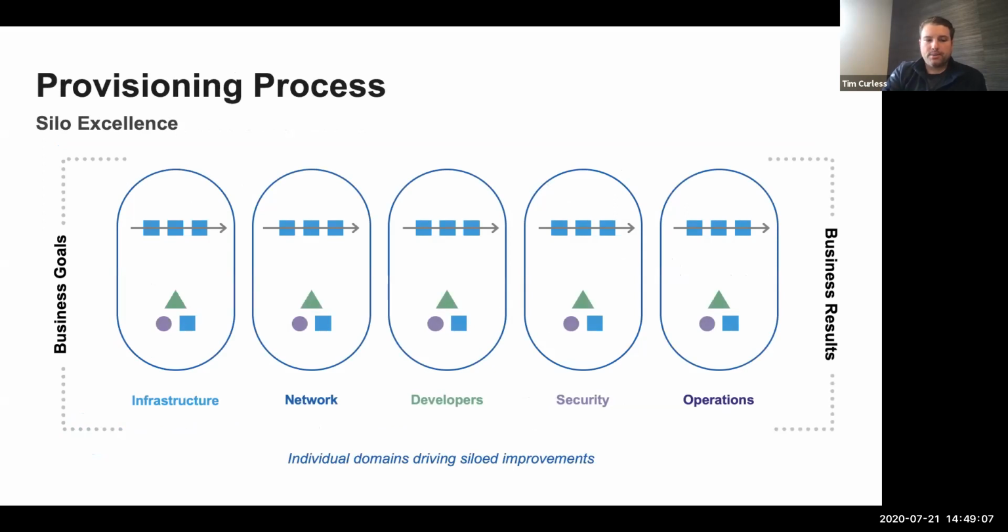So, in terms of the provisioning process, we talk about silo excellence, where we're getting to the point now where the teams themselves, internally, are really starting to create some great automation. Infrastructure is creating excellent automation around creating virtual machines, maybe some container workloads. Network is starting to use things like Ansible to automate perhaps firewalls or something like that. Developers are using automation to do testing, right, and to deploy code. Et cetera.